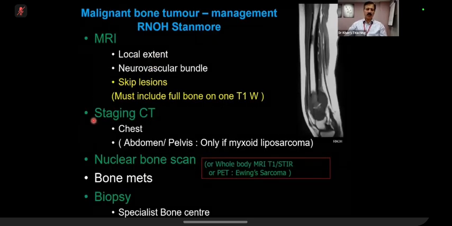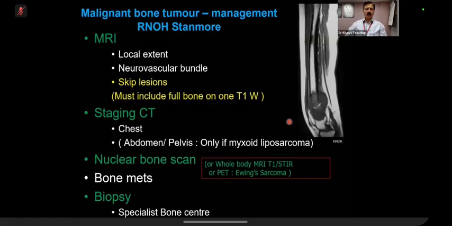But before that, a key question in the exam, which the examiners ask, whenever you get a case of a malignant tumor, they will always ask you a few questions. And one of the questions will be, what are you going to do next? Some people might say that I would like to do a biopsy or whatever.